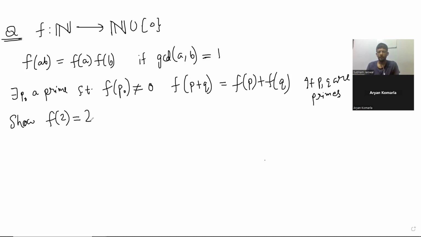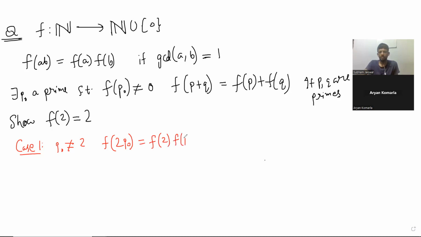So, suppose P naught is not equal to 2. Two cases we have. If P naught is not equal to 2, then f of 2 P naught. Since GCD of 2 and P naught is 1, we can write this as f of 2 times f of P naught.